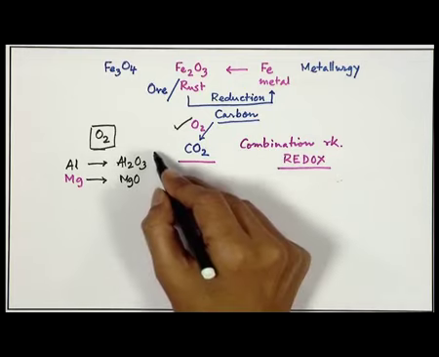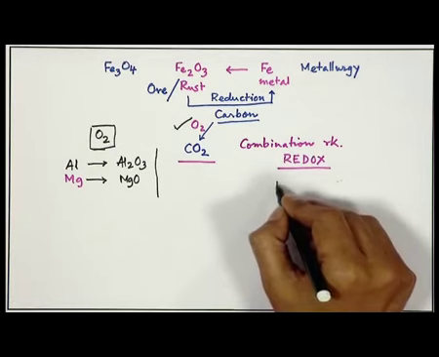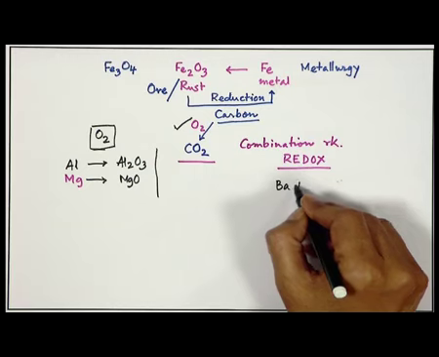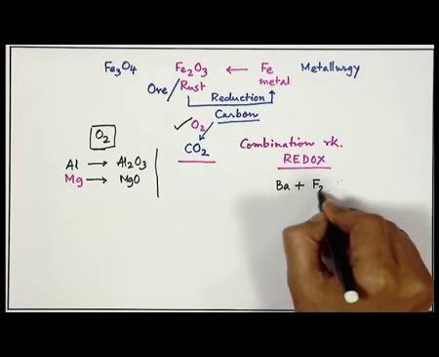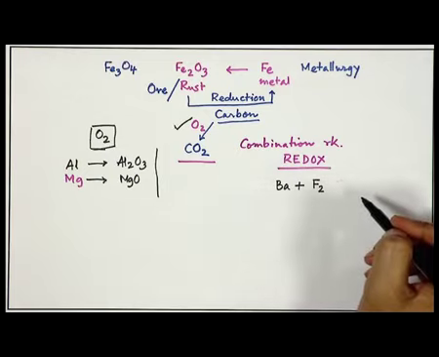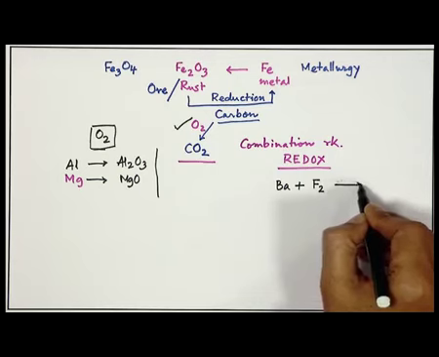Another category of this combination reaction is that we have the metal itself, and it reacts not with oxygen, but with another more electronegative elemental form, fluorine gas. So, what will form?